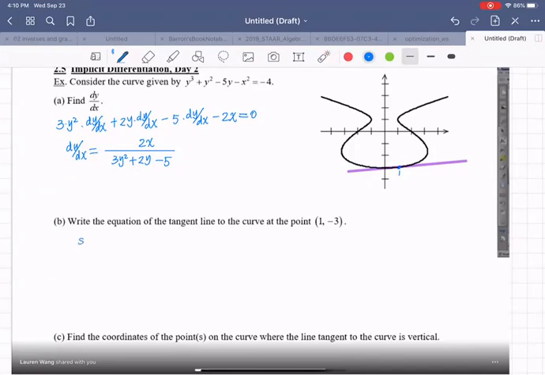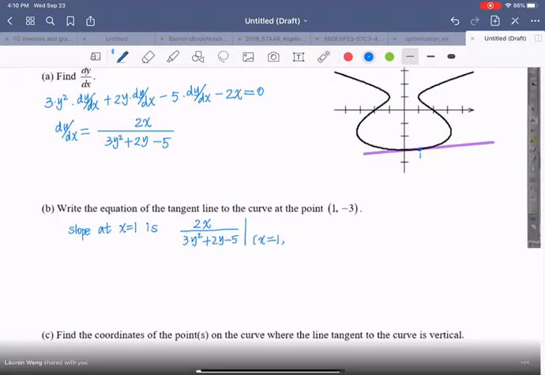So your slope at x equals 1 is 2x over 3y squared plus 2y minus 5. Okay, x equals 1.